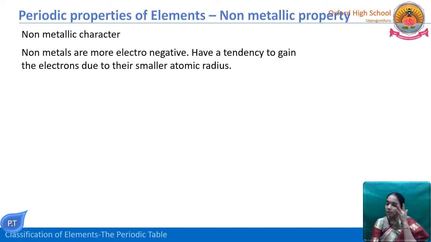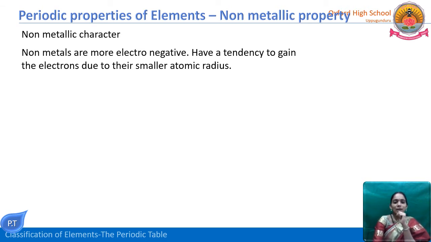We know that in a period, when we are moving from left to right, the atomic radius decreases. Do you remember where the non-metals are located in our periodic table? Complete right side. So when we are moving from left to right, we are gaining the non-metals, and their atomic radius is very small.